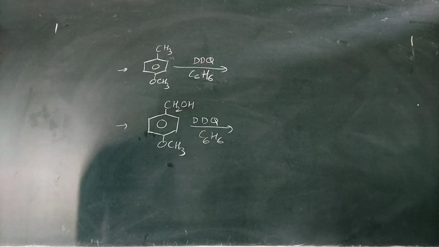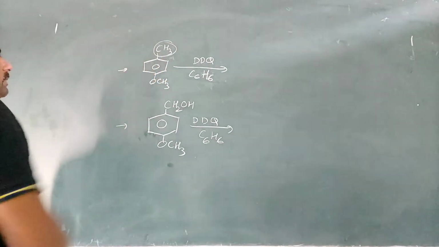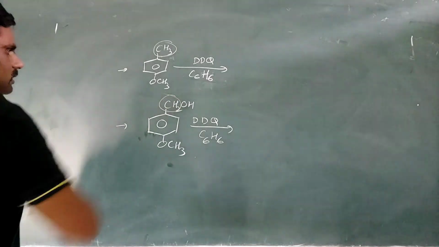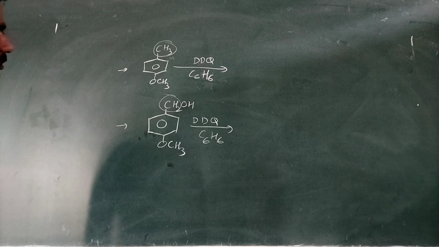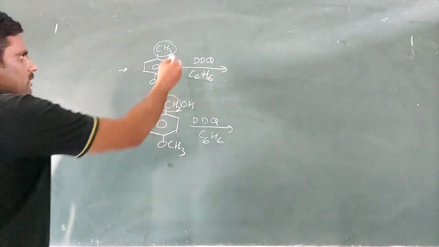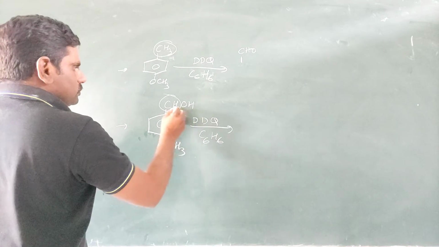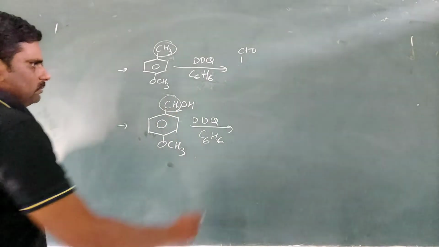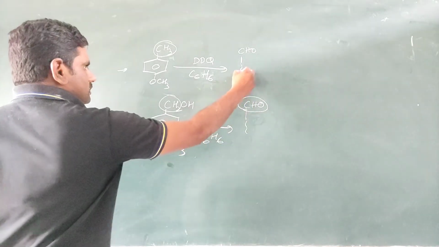So expect the product here. See, an sp3 benzylic carbon, an sp3 benzylic carbon is there. So what is the product? Simply CH3 becomes CHO, and here the CH2 has two benzylic hydrogens, no? So it also becomes CHO. The remaining part is the same.